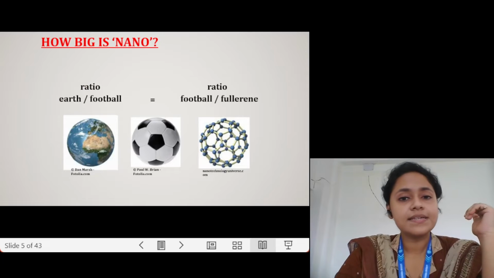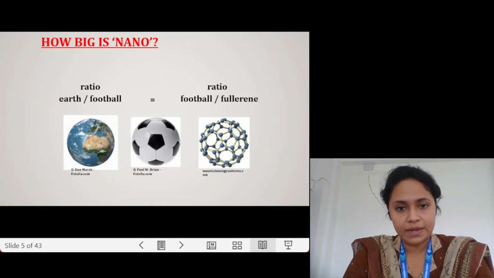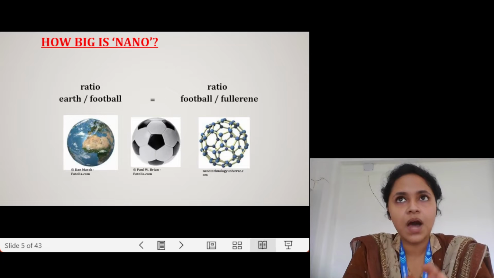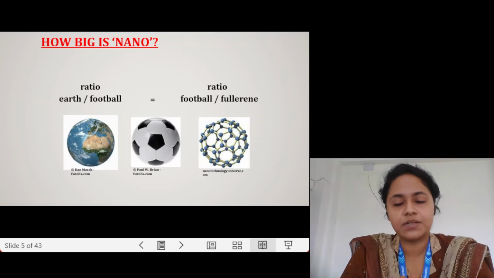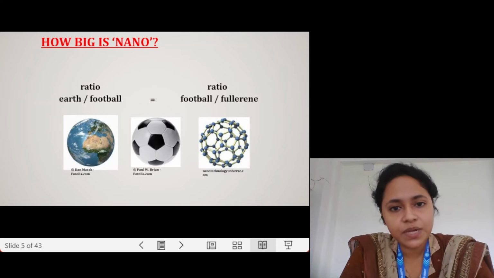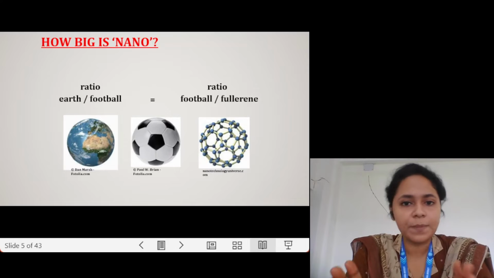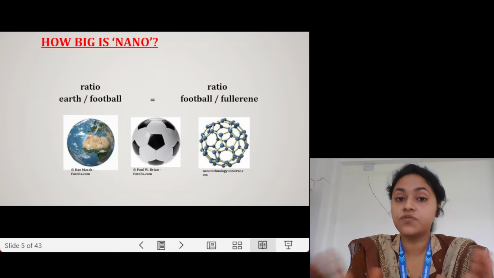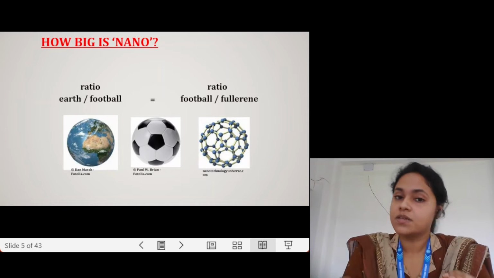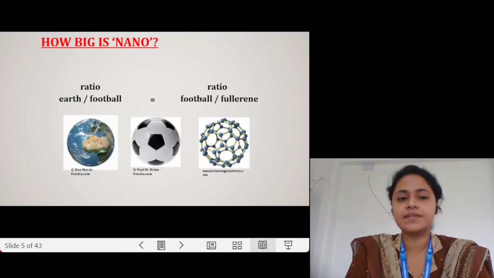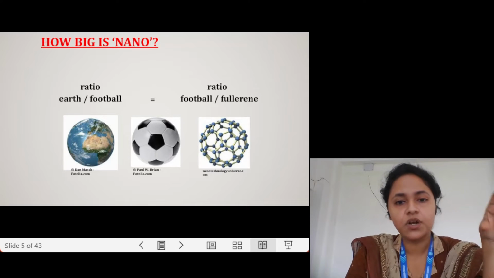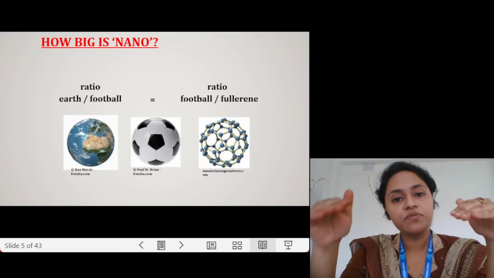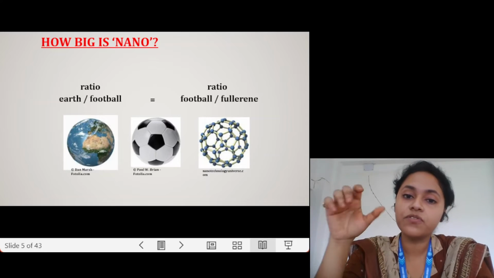Now, the next question that will arise in your mind is how big is nano? How can you visualize the dimension that is nano? In simple terms, 1 nanometer is 10 to the power minus 9 meter. Fine. But if you want to visualize it, the most common example is to consider the diameter of the earth, and then the diameter of a football.